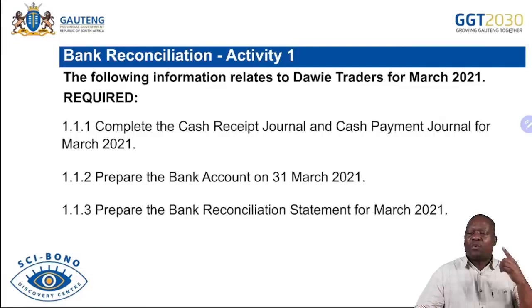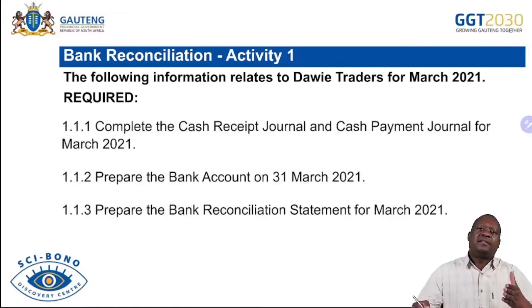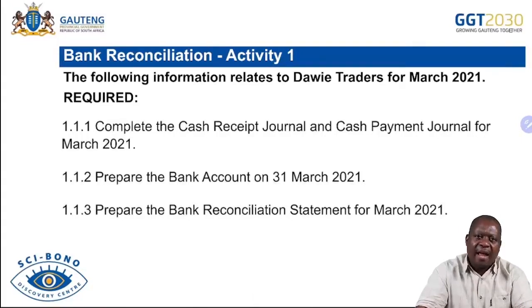So they will say, 1, complete the cash receipts journal and the cash payment journal. In simple terms, complete the journals that are prepared by the business, CRJ and CPJ.